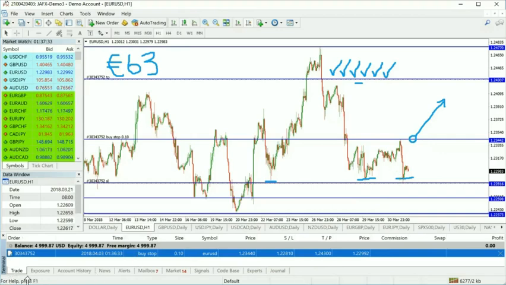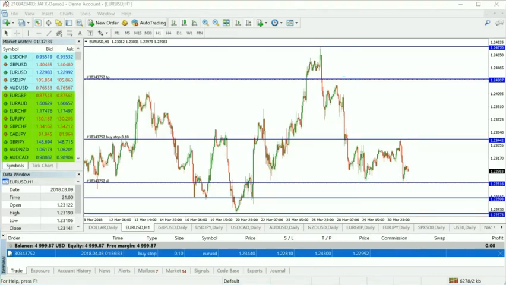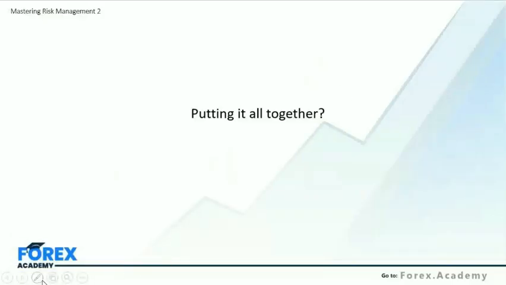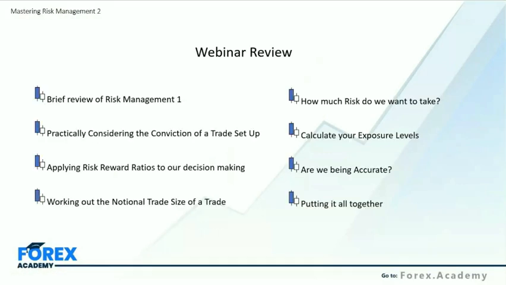So this is really the process of looking, as a trader, to put this information together and allow it to inform your trading related decisions as you progress and as you become more comfortable in those decisions. So just to review what we've covered, we obviously touched upon risk management.